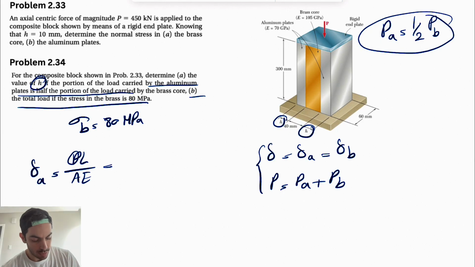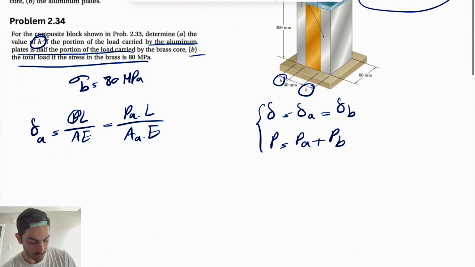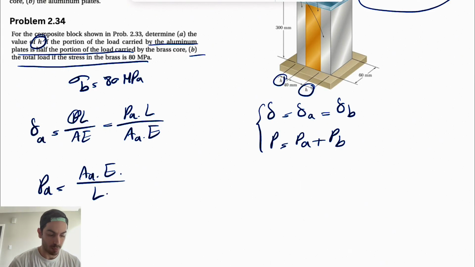So for aluminum, this is going to be PA times the length over the area of the aluminum times the elastic modulus, and we can figure out the PA in here. So basically it's going to be the area times E over L. I missed the delta. I'm going to show all of the deformations with delta now because it's the same.